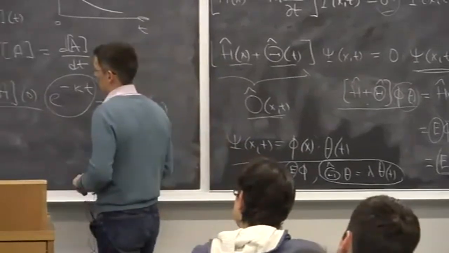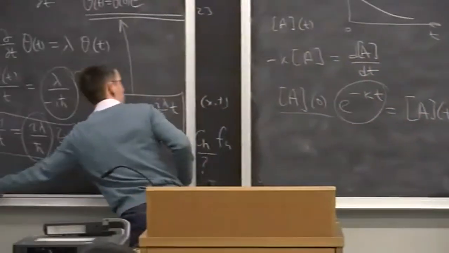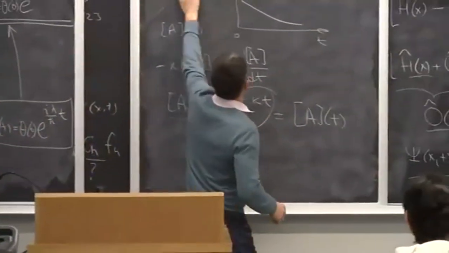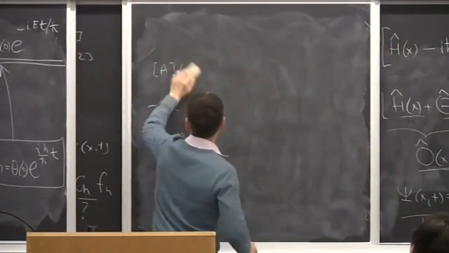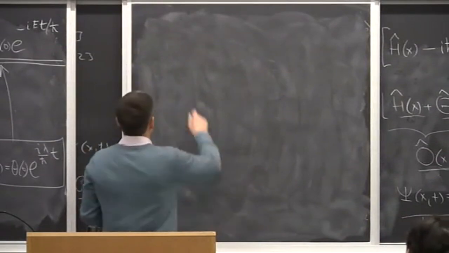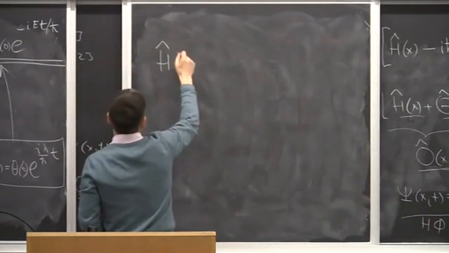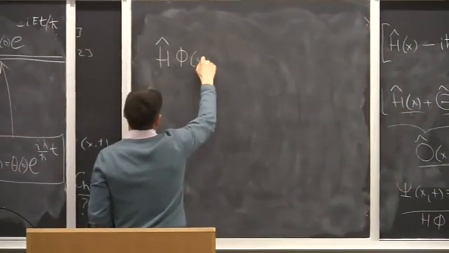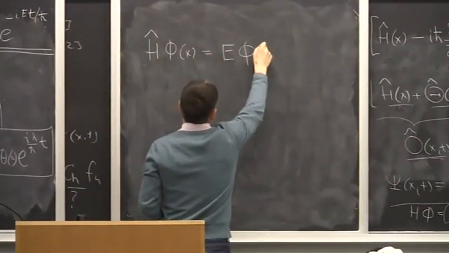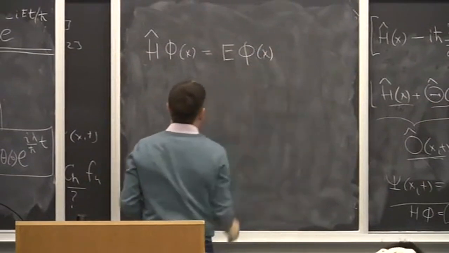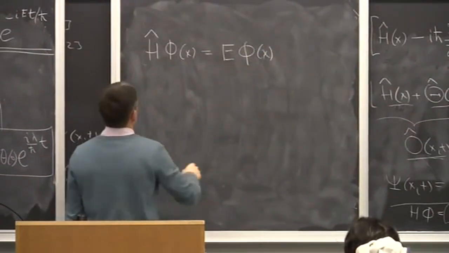And for phi, I already formulated what the problem is. Phi is given by the equation that h acting on phi, which is a function of x, gives us e times the function phi of x.